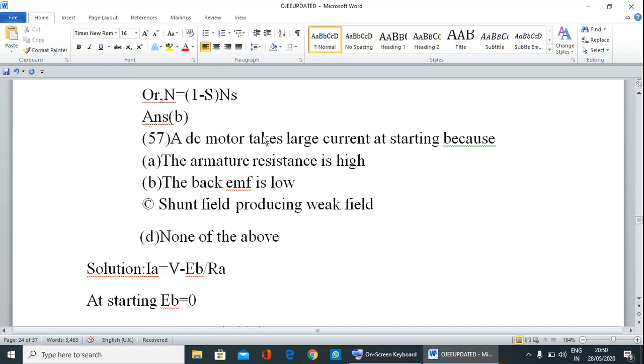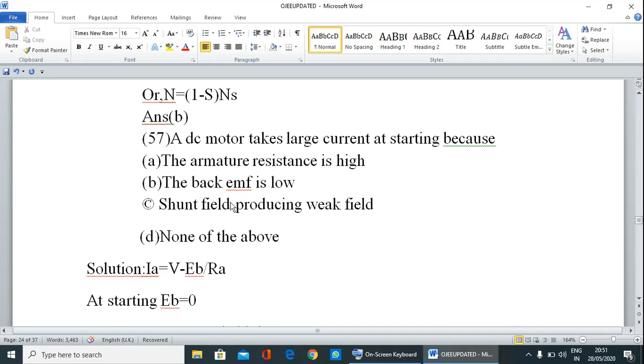But during the starting, the back EMF is zero because the back EMF always depends upon the speed of the motor. When its speed is high, the back EMF is high. When speed is low, the back EMF is low.